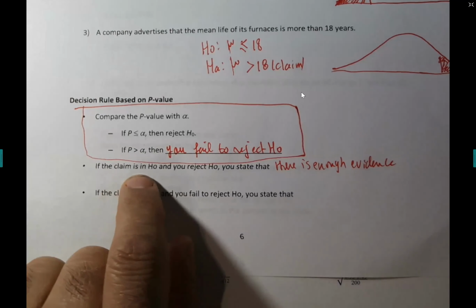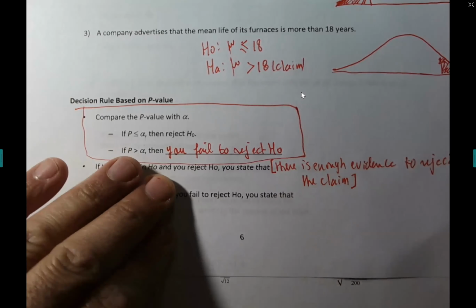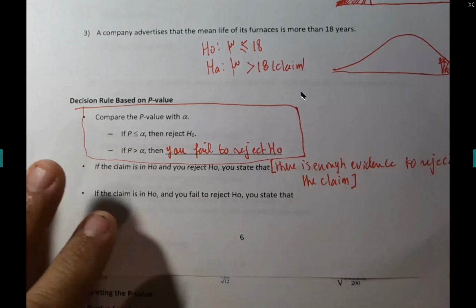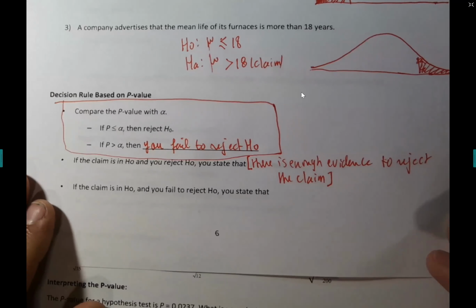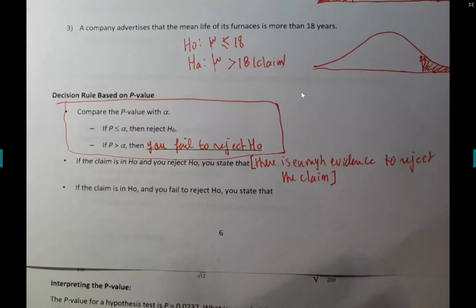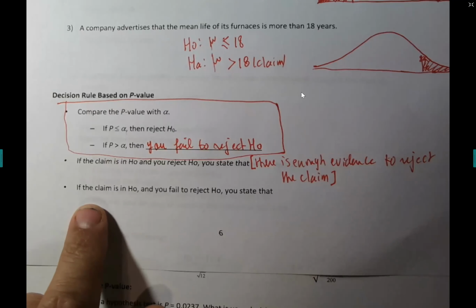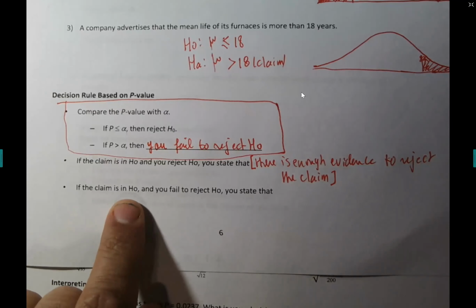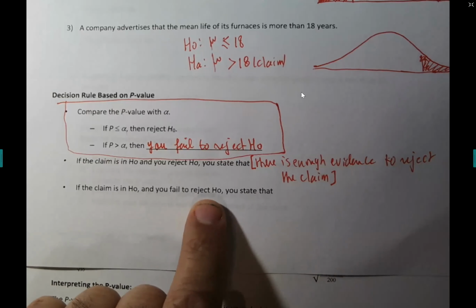That's very good. So this is a language that we will be using, guys. You will see that later. So if the claim is in the null and you reject the null, you reject the claim because you're rejecting the null hypothesis. So reject everything in the null hypothesis, including the claim. Now, what would you say, guys, if the claim is in the null hypothesis and you fail to reject the null hypothesis?